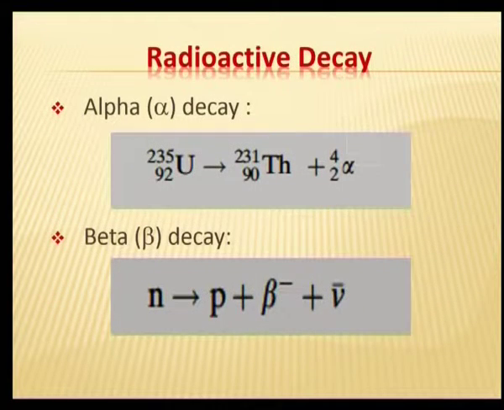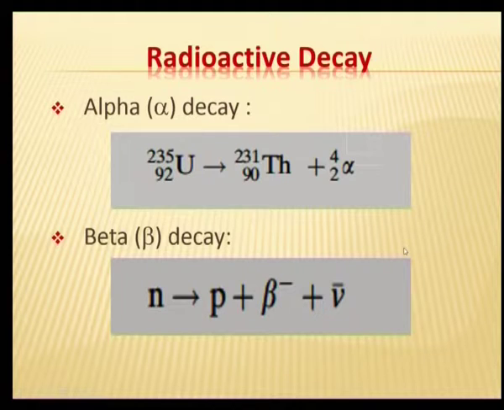Alpha decay, as all of you know: uranium 235 will go to thorium 231 and an alpha particle whose mass number is 4. Mass number 235 equals 231 plus 4, so the mass is conserved. Here the charge 90 plus 2 is 92, so the charge is conserved.